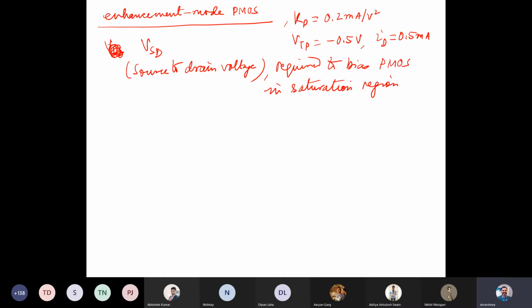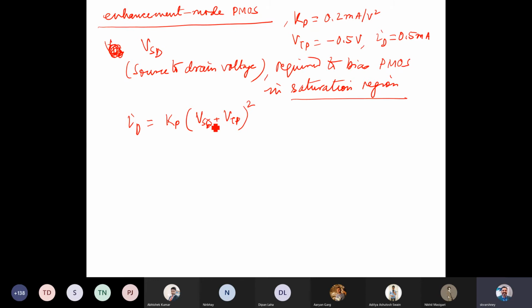Right, so we can find this out. Because it already says saturation region, ID is Kp times (VSG plus VTP) square.